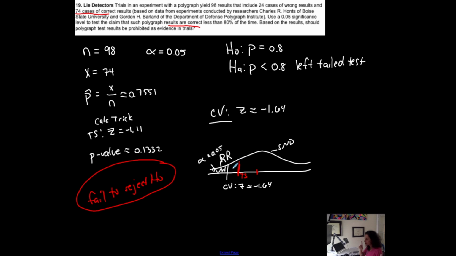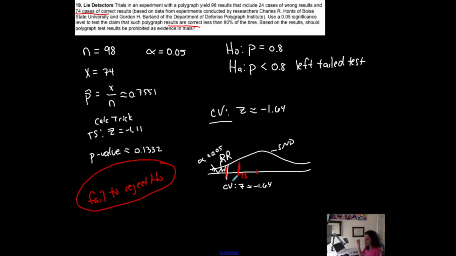Again, using the traditional method, the test statistic is not in the rejection region because this value, negative 1.11, is not to the left, right? It doesn't make it past negative 1.64, which is this value here separating this stuff from the rest. So I'm failing to reject based on the traditional method.